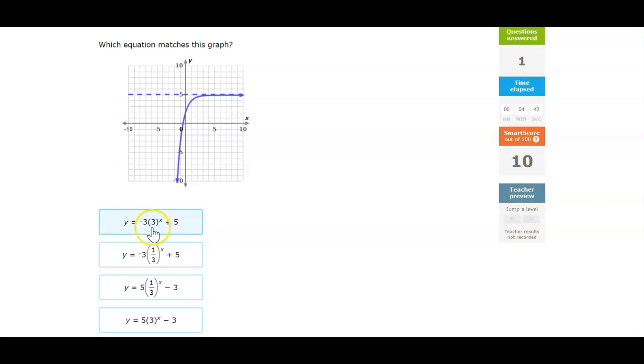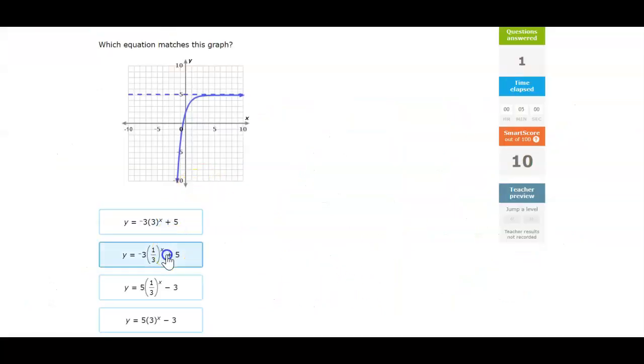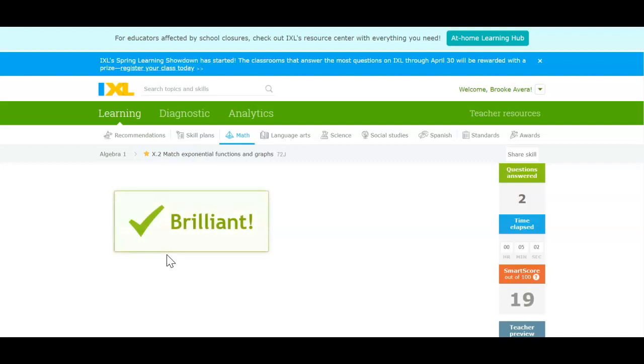So I need to see if it's going to be 3 or a fraction, a whole number or a fraction. As I go forward, this goes towards the dashed line. Remember, if I go forward and go towards the dashed line, that means I need a fraction. So we know that it needs to be b.